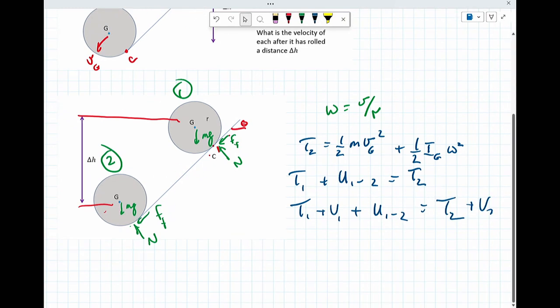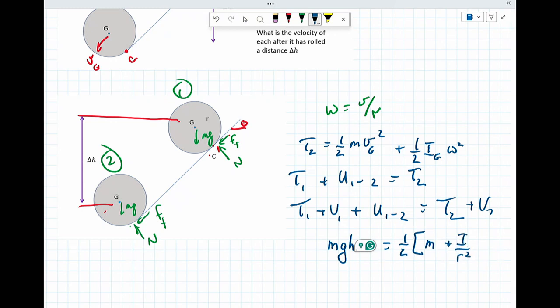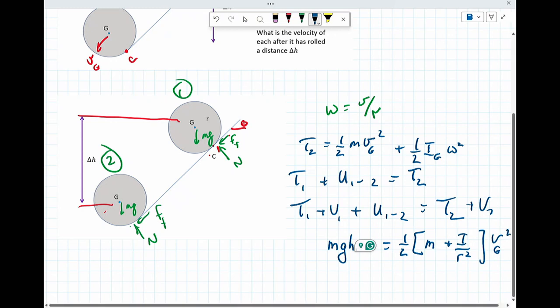So at the very bottom, I can declare that to be a datum and a 0 point. So it starts out with 0 velocity, and so I get mgh. Then afterwards, I get 1/2 m plus I over r squared v g squared. I can write it that way.